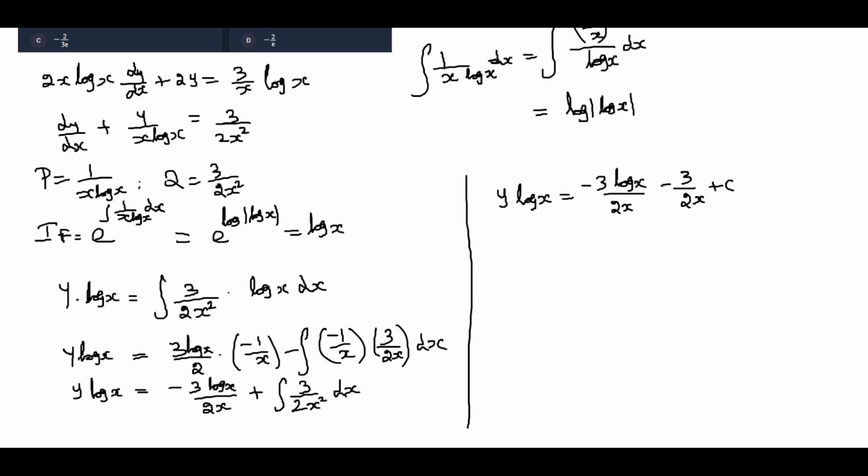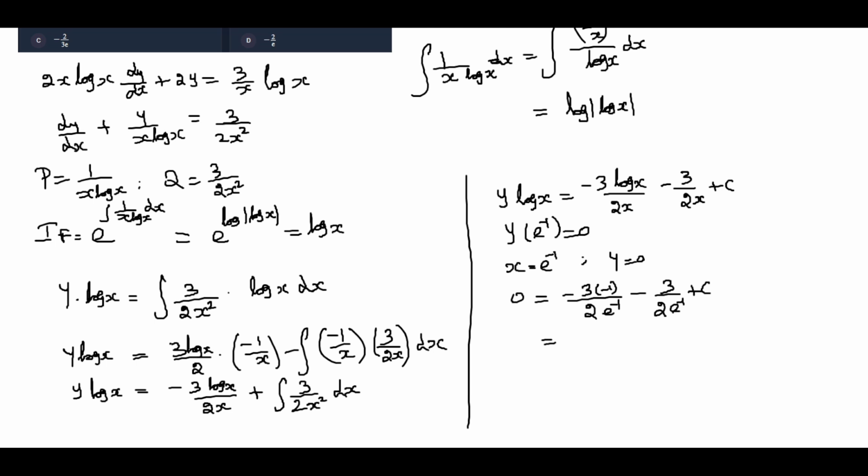Now using the condition y of e inverse equal to 0, which means x value e power minus 1 and y equal to 0. So the left side will be 0, and the right side is minus 3 log e, whose value is minus 1, by 2 e inverse, minus 3 by 2 e inverse plus c.